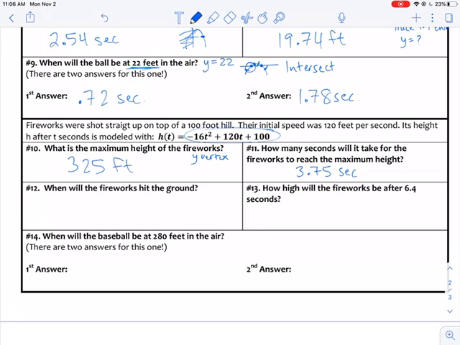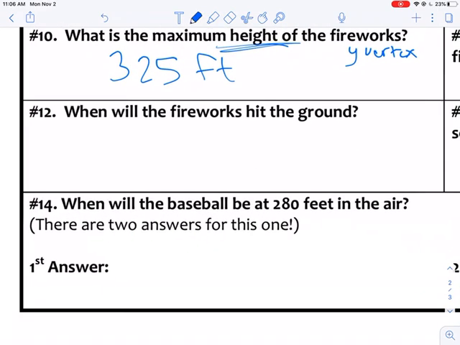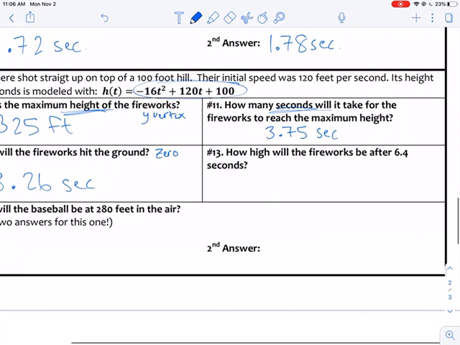X is always time, all right? So if you're getting confused, X is anything having to do with seconds, and then Y is anything having to do with height. All right, when will the firework hit the ground? So again, that's our 0. And that will be 8.26 seconds.